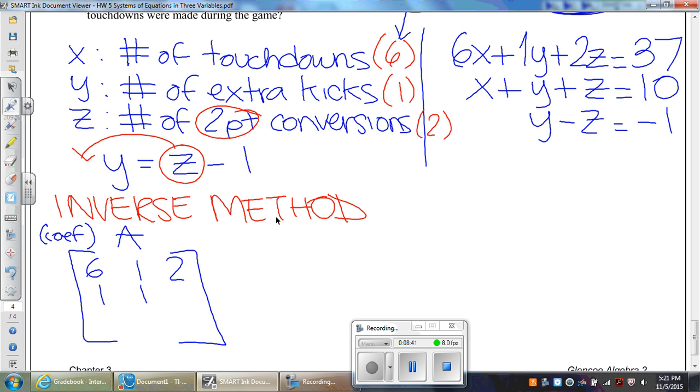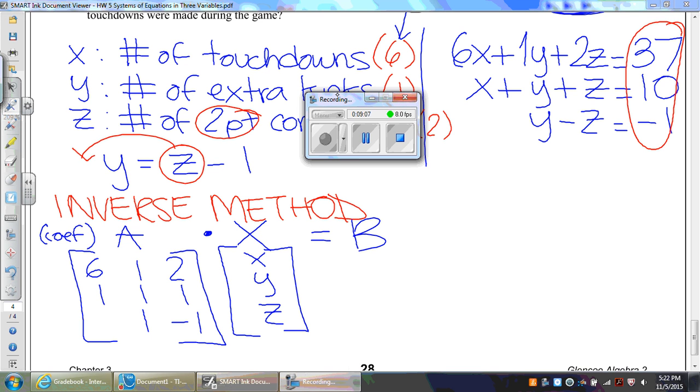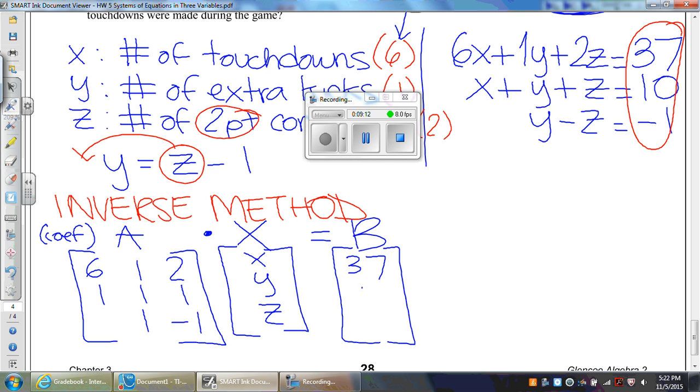Then we have 1, 1, 1, and 0, 1, and negative 1. Then we have to consider the matrix with the variables. In this case, our variables are x, y, and z. And if we multiply those, we will obtain the constant terms. So then we create a matrix that we call the constant terms matrix, and in this case, that will be 37, 10, and negative 1.